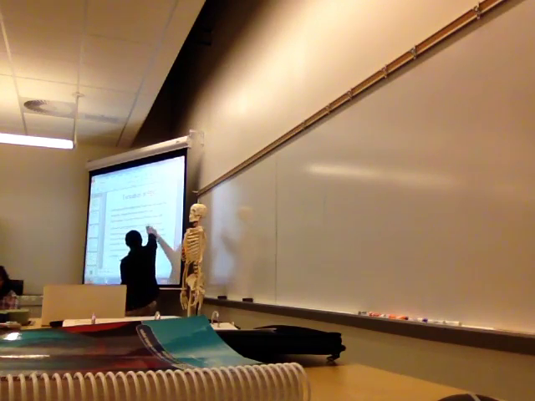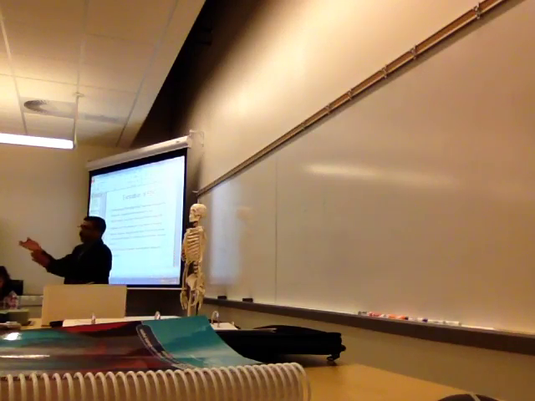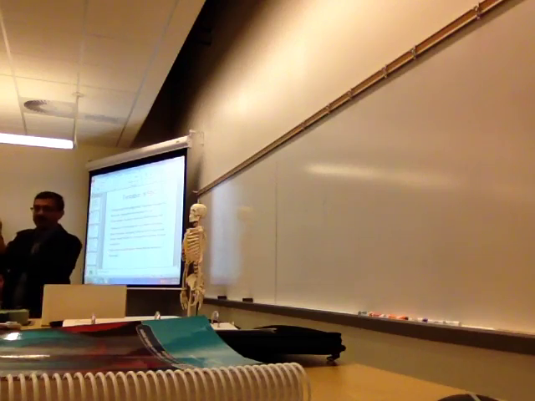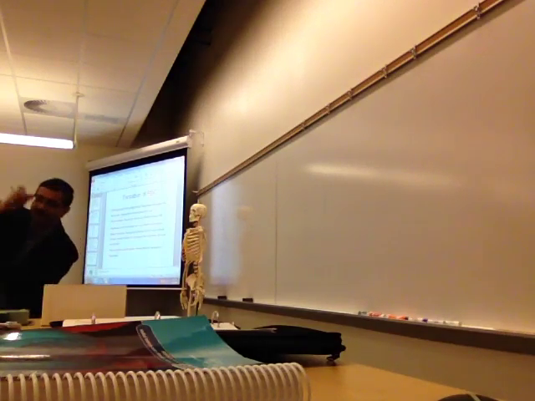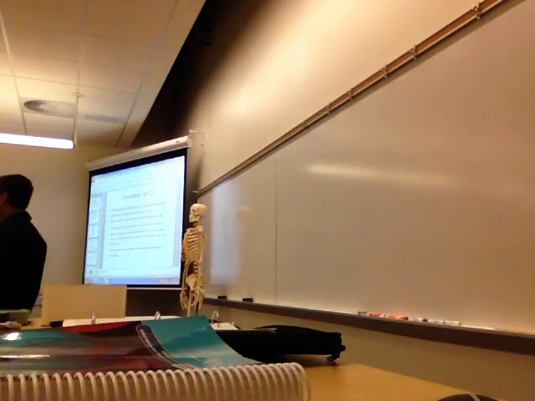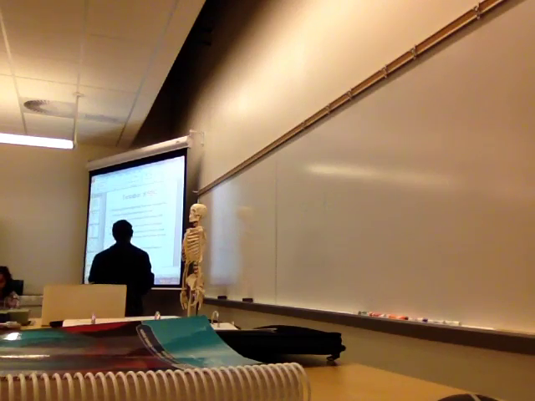So proerythroblast means before the premature red blood cells. Make sense? Erythroblasts are immature red blood cells, and pro indicates before that. So even before the immature red blood cells, those are the stem cells of red blood cells.